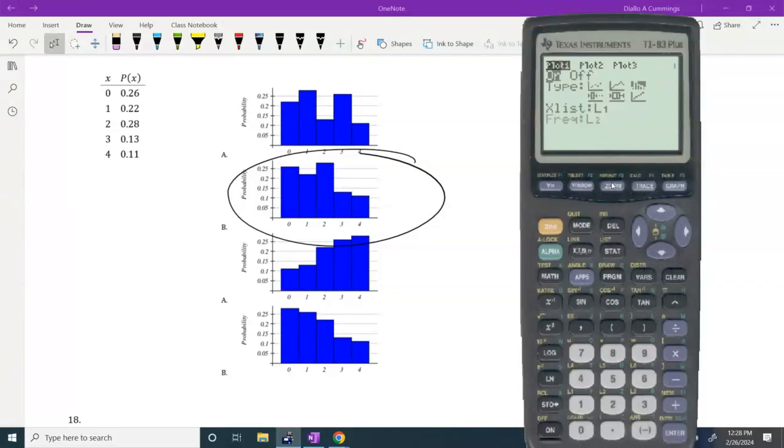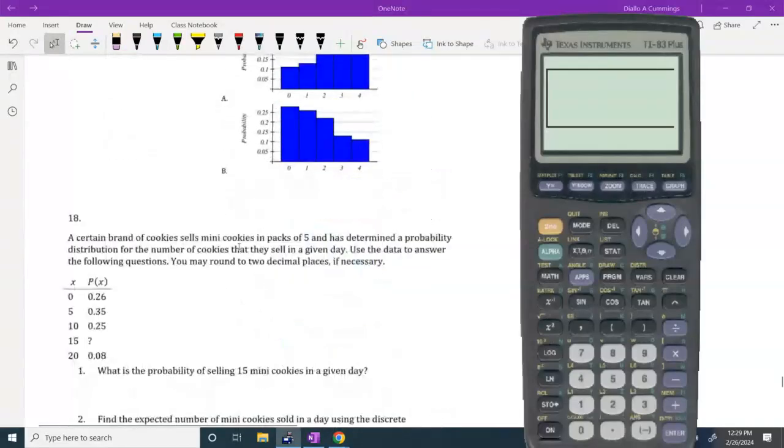Okay, I thought it would, but apparently not. Okay. Well, I'll have to go back and do that one. I don't think it'll graph that one for me.